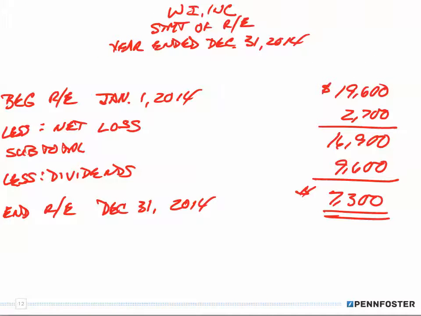Well, obviously it decreased because it went from 19,600 down to 7,300, and the reason why it decreased was because we had a loss, which decreased the retained earnings, and we also paid out dividends, which decreased the retained earnings.